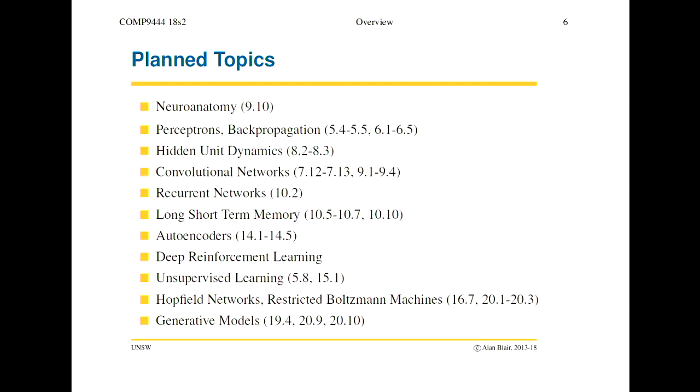So we'll have to supplement some of these things with additional materials, but I think there's quite a bit of coverage in the textbook to at least give you an idea of what we're covering.